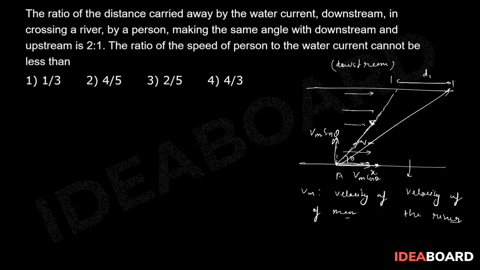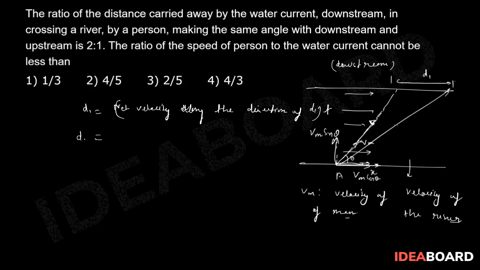We can find the value of d1. d1 is equal to net velocity along the direction of d1 into time, let's say t.